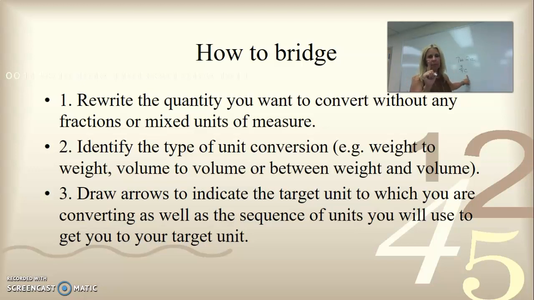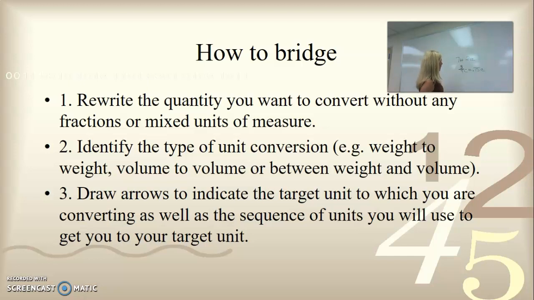The first step of the bridge says get rid of the fraction. So the way to do that is to convert this 3/4 of a cup to a decimal. And to go back to when you learned how to do that, you just basically say what you put in your calculator. So 3 divided by 4, and when you plug 3 divided by 4 into your calculator, you would get 0.75 cup. So that's getting rid of a fraction.